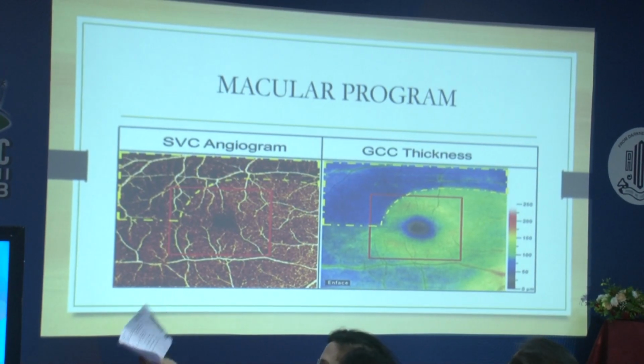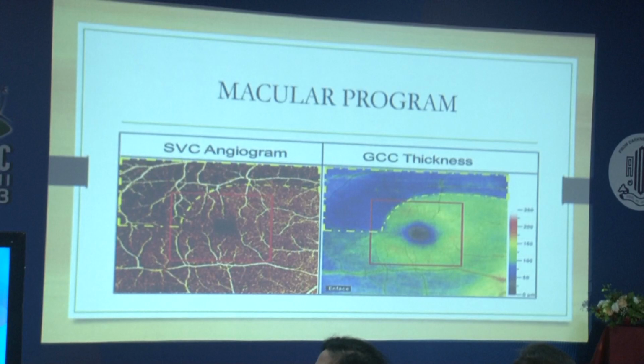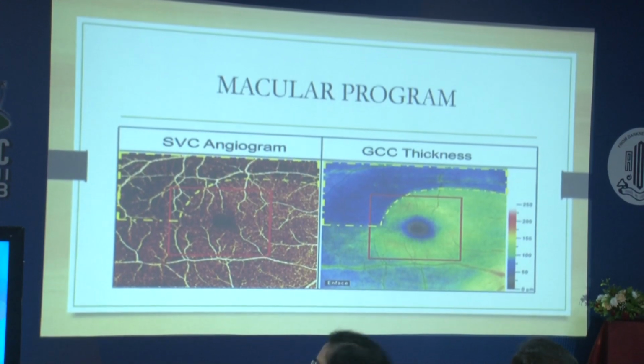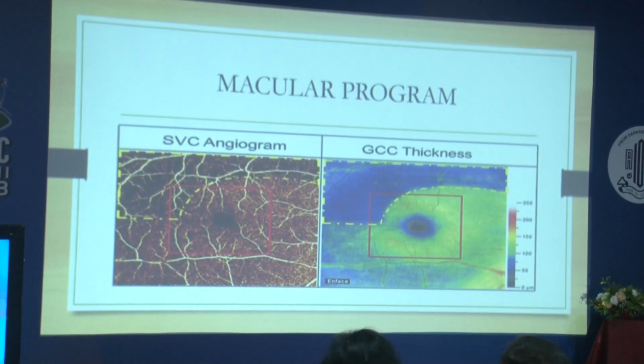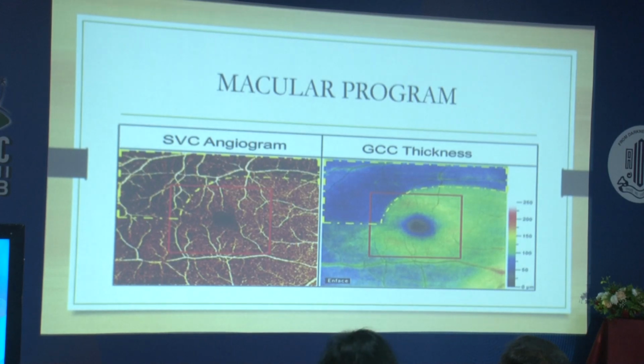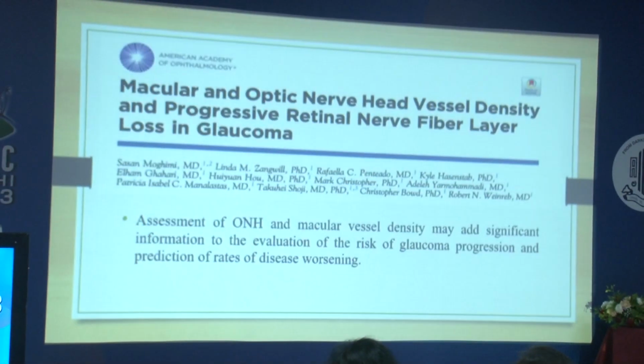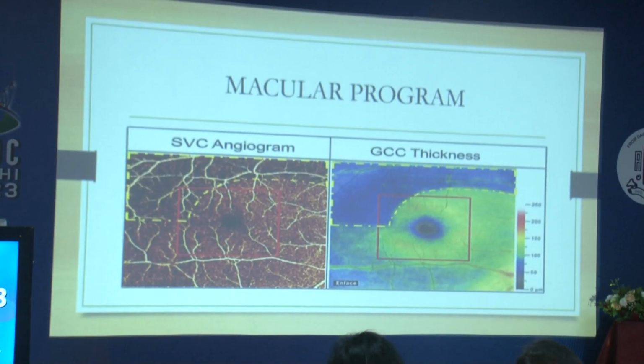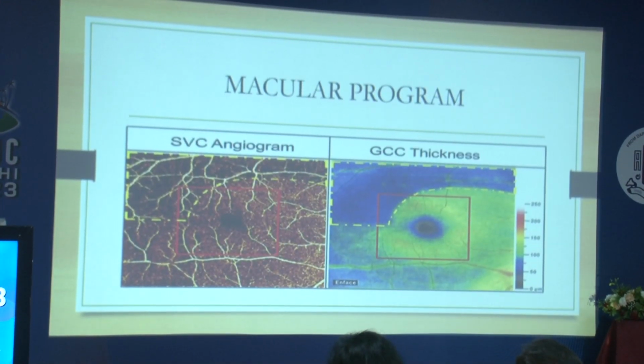In the OCT angiography, the peripapillary ONH is taken in a 4 into 5 box, but in the macula it is taken in a 6 into 6 box because the damage is in the peripheral retina, the RNFL. That's why the macular program is always a 6 into 6 cube.